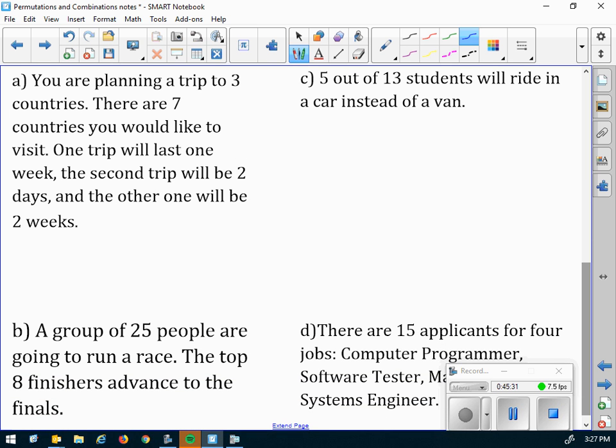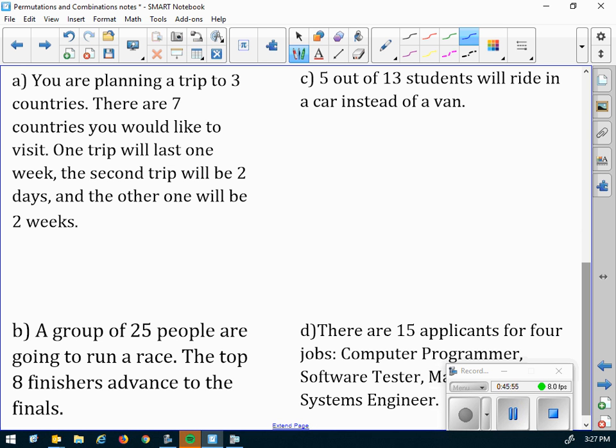Look at letter A. You are planning a trip to 3 countries. There are 7 countries you want to visit. One trip will last 1 week, the second trip will be 2 days, and the other one will be 2 weeks. Now, the question is, does it matter which country you pair with the length of time of the trip?